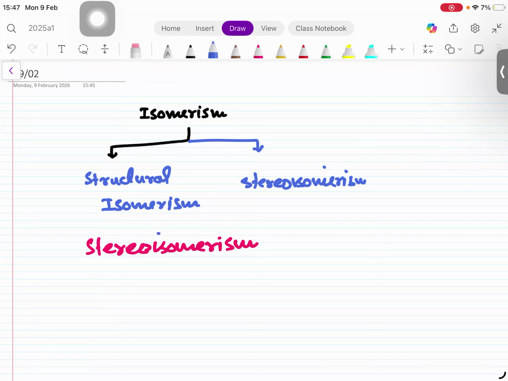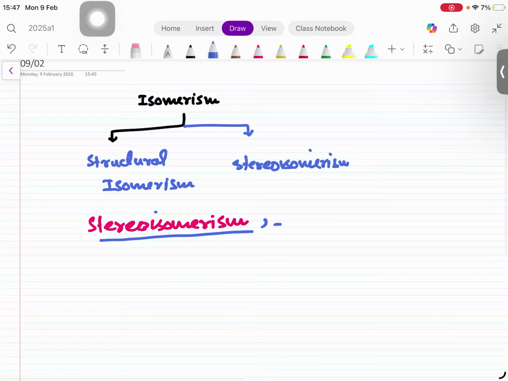In stereoisomerism, the two compounds which show the phenomena of isomerism have same molecular formula, even same structural formula. What is the difference then? Yes, their orientation in space, right?